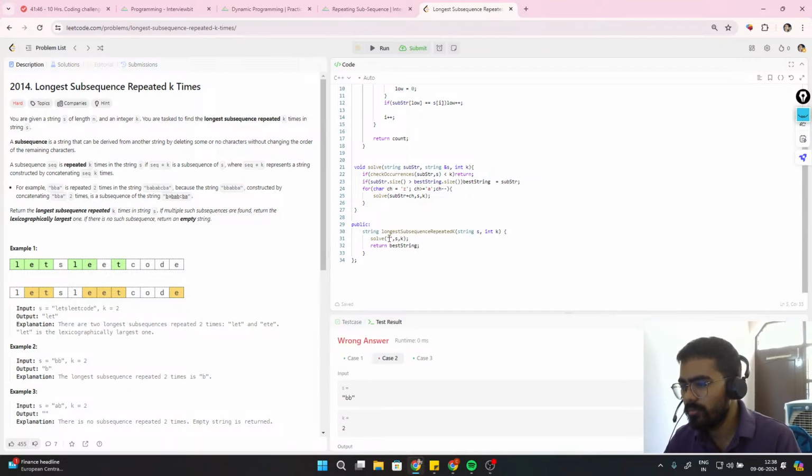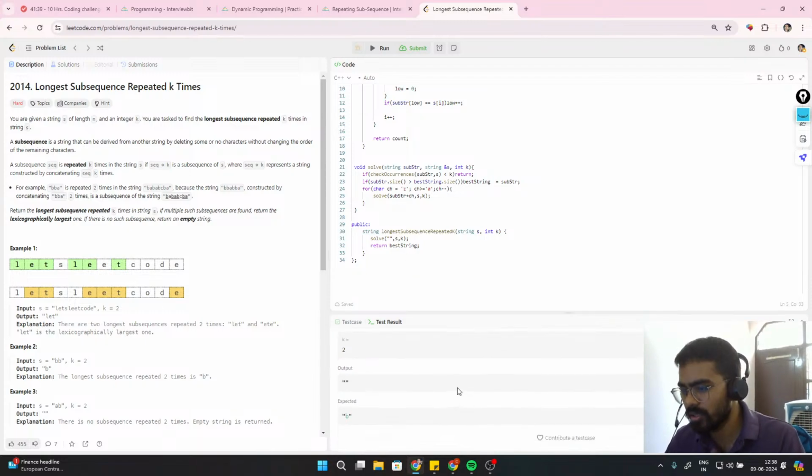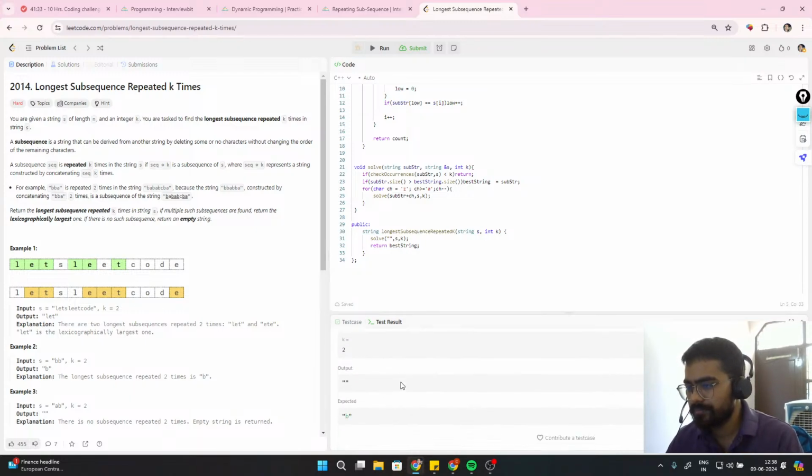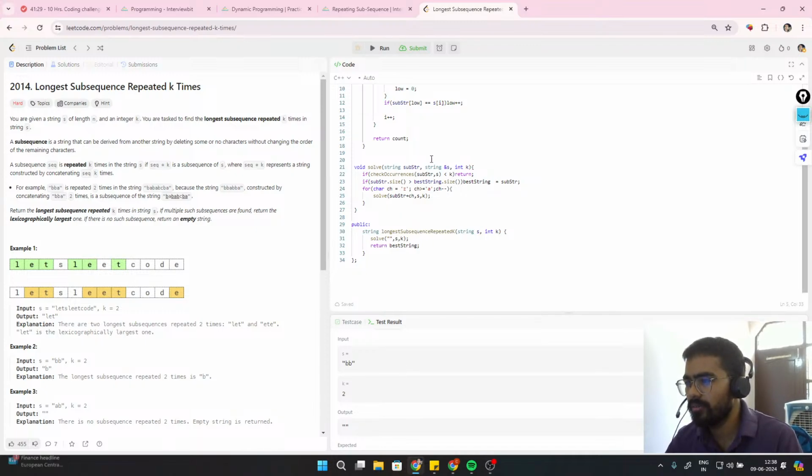What I did, I have an empty string. I started from Z to A. I reduced every character. I added Z to this character. Check occurrences.